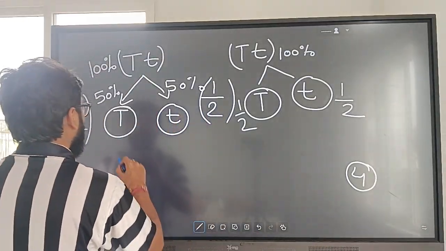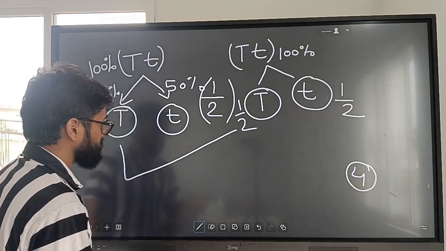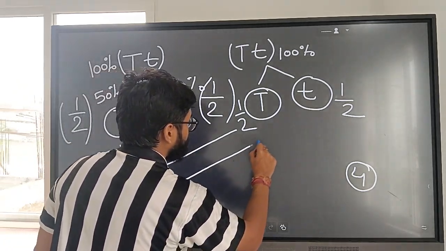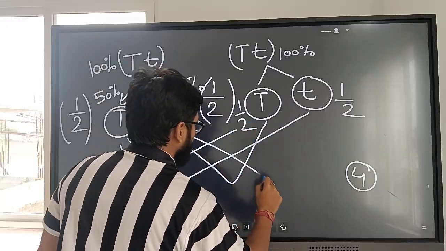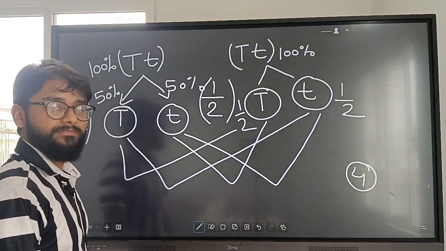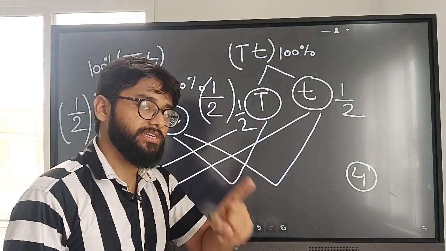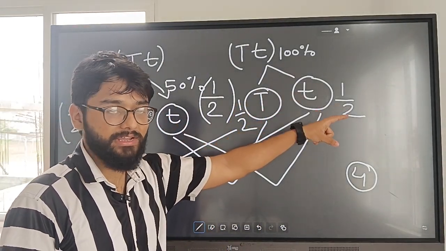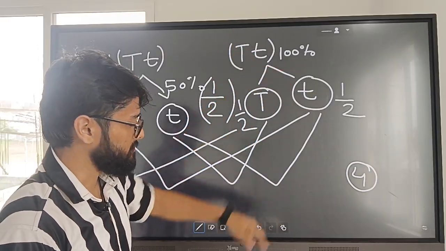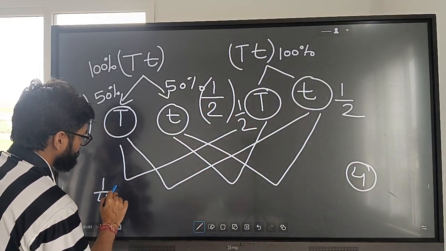This is going to match with this, this again has the chance to match with this, same with this, and again same with this. Everyone gets equal chances to fuse with the gamete of the other parent. So in here you will get 1/4.